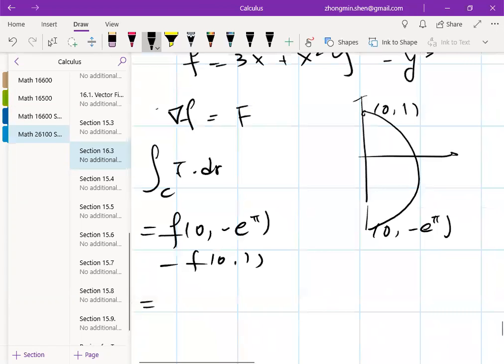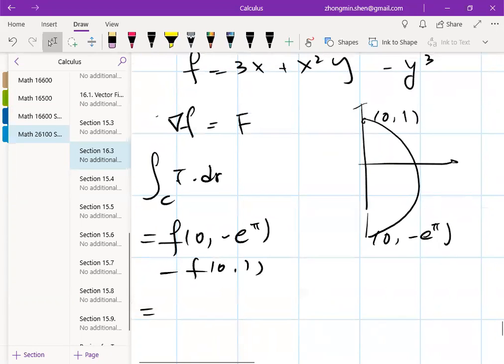So when I plug 0 for x, I only get this part. Then you plug 0 for x, 1 for y. Then I get negative, minus, be careful, minus the value of this function, 1.